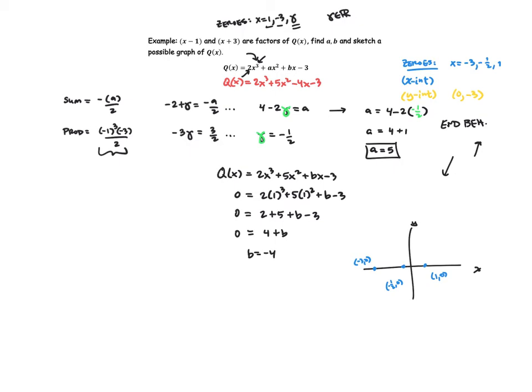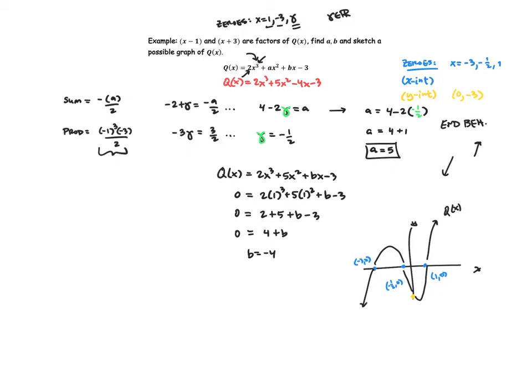And I've got my y-intercept at 0, negative 3. And I can go ahead and draw a general sketch for q of x. There you have it.